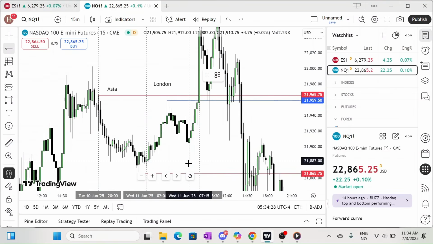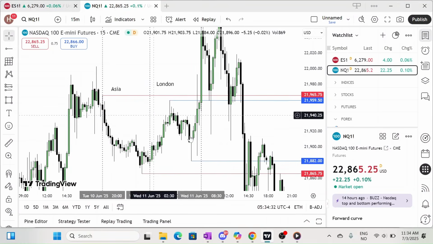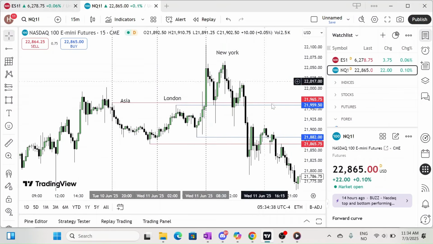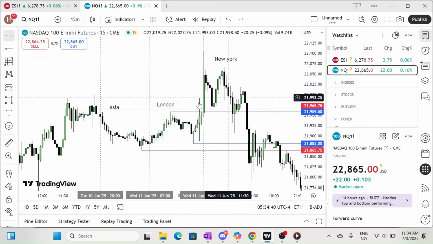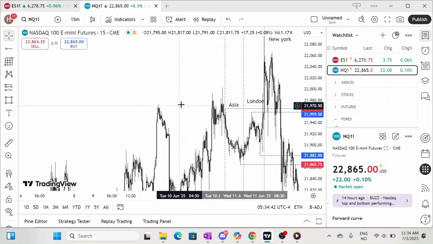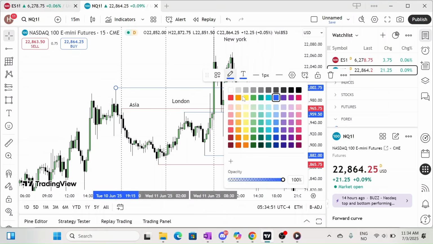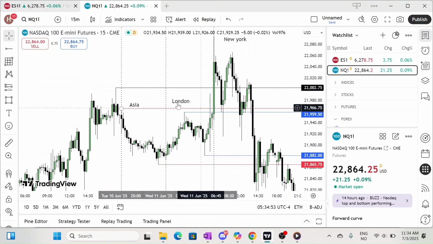We have London lows right here. And again right here you can see that London didn't really manipulate anything, and this might be in the news, but as you can see we got some hourly highs up here, and this is again a good example of the third daily profile.